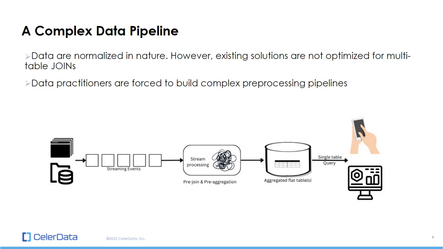And doing denormalization in a streaming fashion, with a stateful stream processing job, can be technically very difficult, kind of unstable, and very difficult to maintain. And this is the expensive part.